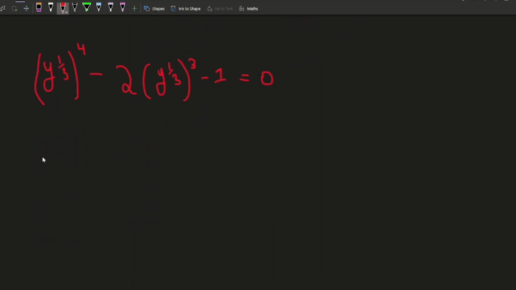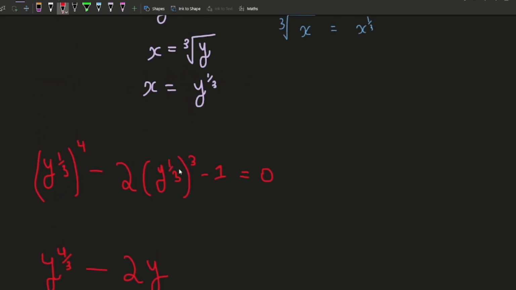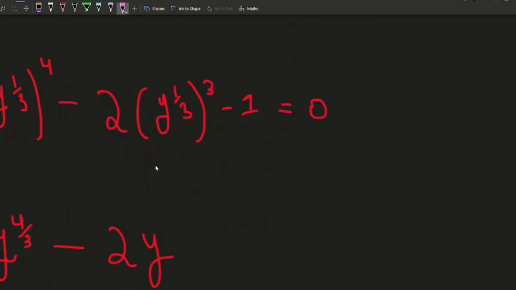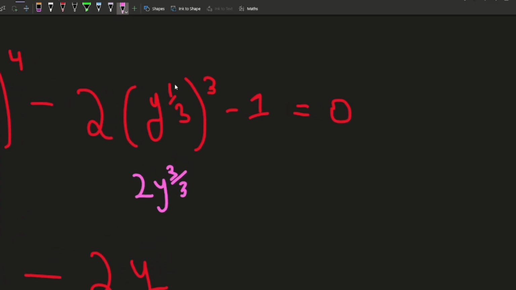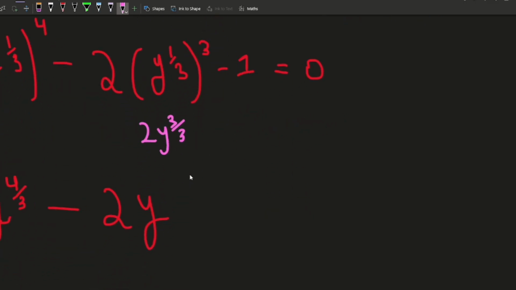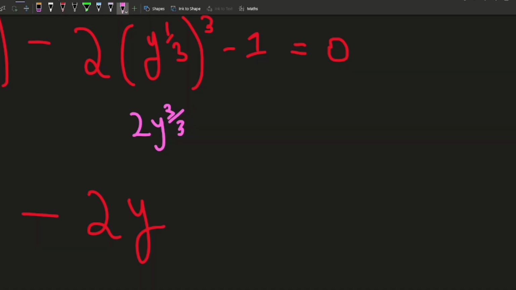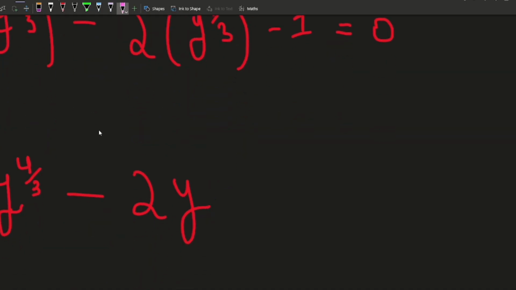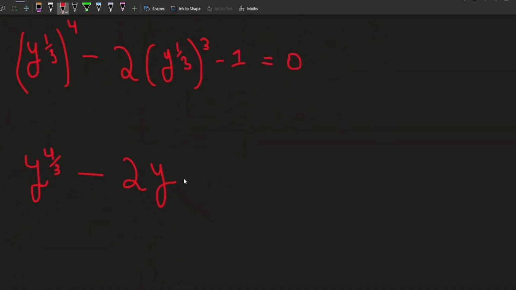Now what we can do is multiply the numerator with the power outside. This will be y to the power 4 divided by 3. Similarly, it would be 2y here because 3 over 3: if 3 multiplies by 1 it becomes 3, and 3 and 3 cancel each other out. So this will simply be minus 2y and minus 1 as it is.